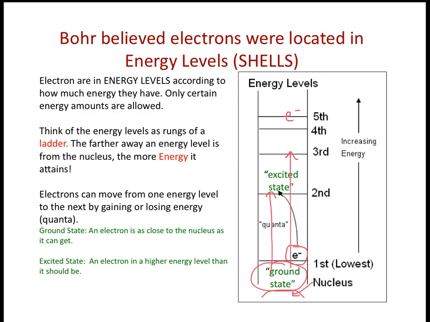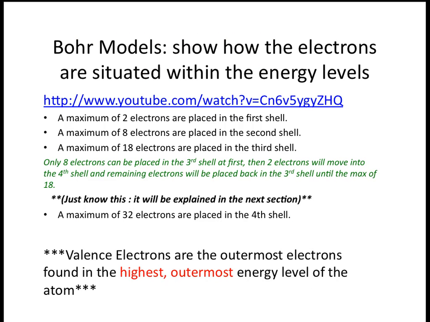When they are in those higher energy levels, we call that an excited state, and the amount of energy that's going to get them to that higher energy level is called a quanta. So a Bohr model is just a simple structure that shows us where the electrons are within the energy levels.